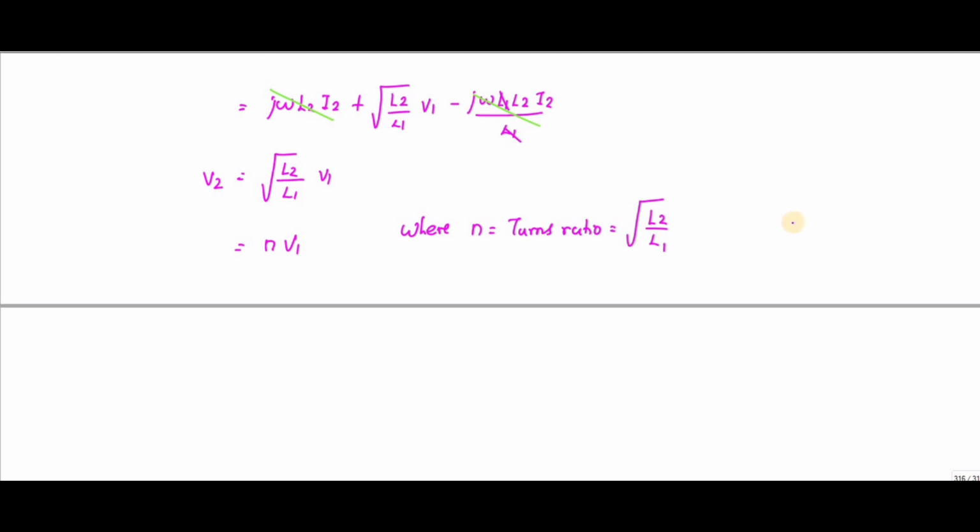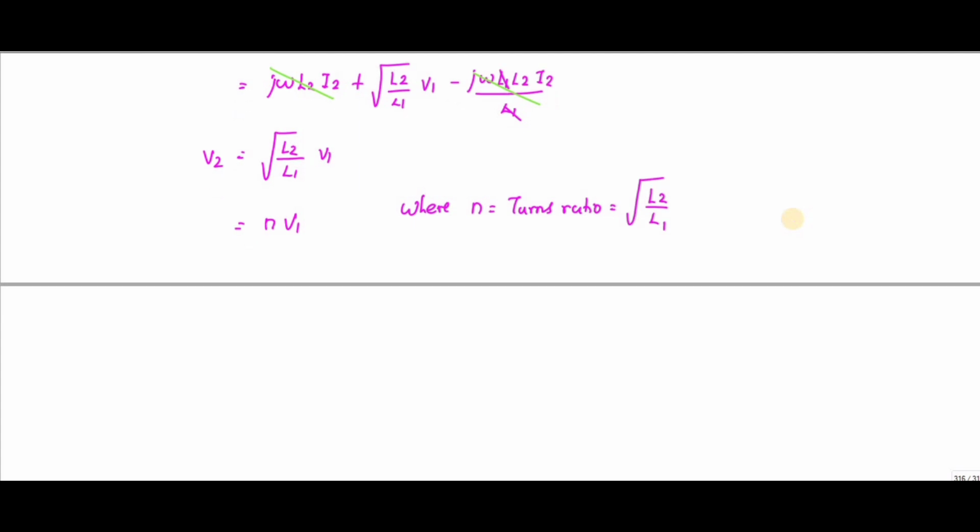So as L1, L2 and M reach infinity, N remains the same, because these get cancelled out and it remains the same value.